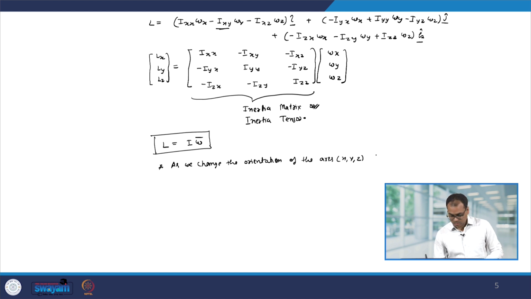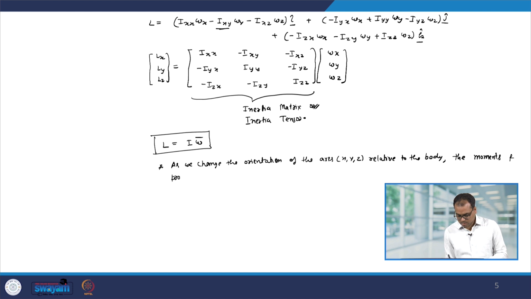So relative to the body, the moments and products of inertia will also change.